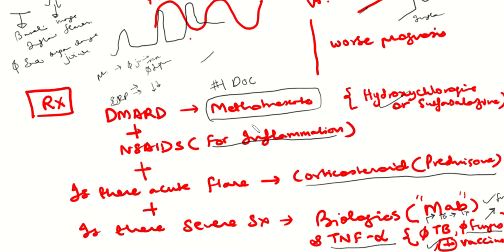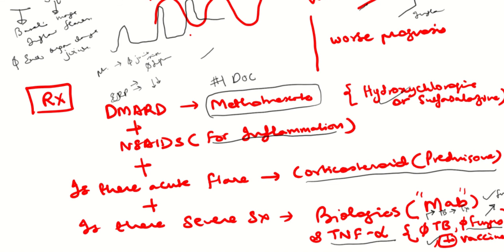Again, methotrexate and NSAIDs. Methotrexate for modifying the disease activity, and NSAIDs for knocking down the inflammation, and of course prednisone or corticosteroids for acute flare, taper, taper, taper, as soon as we knock out the inflammation. Okay. And then if severe symptoms, biologics and anti-tumor necrosis factor alpha.